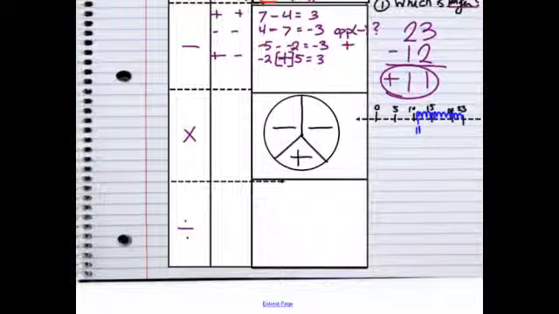So 5 times 2 is 10. Negative 5 times negative 2 is 10. Negative 5 times 2 is negative 10. You're always going to multiply, so the answer is always going to be the same. However, determining whether the answer will be positive or negative, you can use the sleepy man. So if my 5 is positive and my 2 is negative, then my answer is going to be negative.